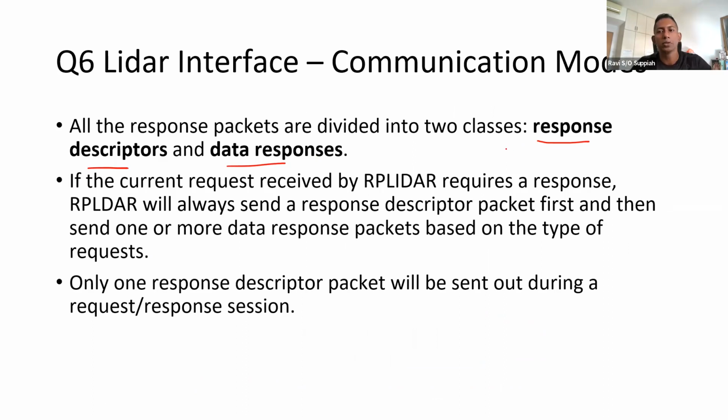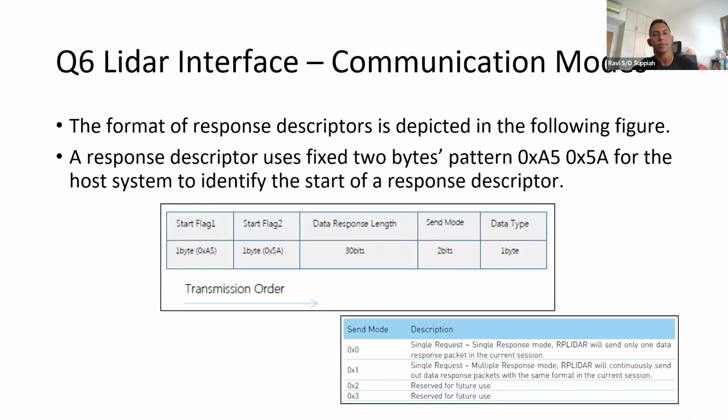The response descriptor tells us what kind of reply we're getting back, and whether the data is confined within that initial reply, or we are expecting more data packets to come after that.